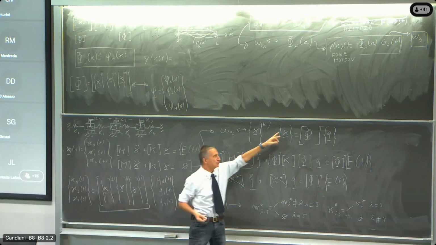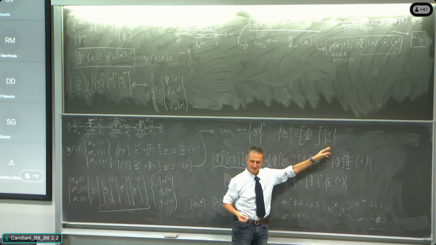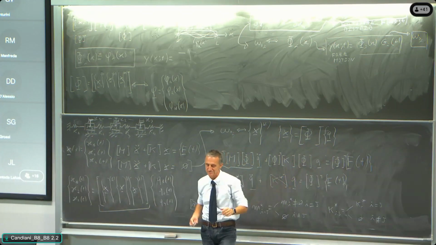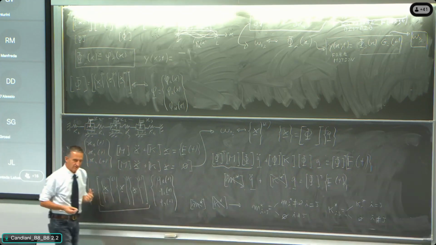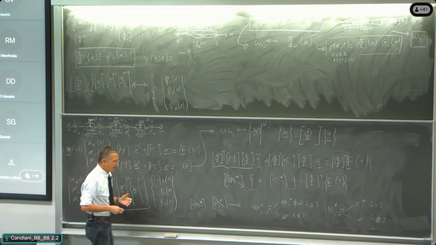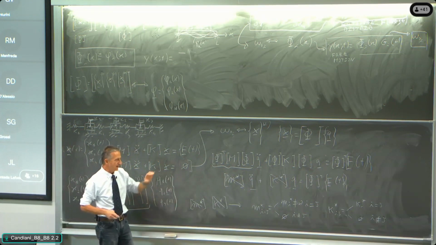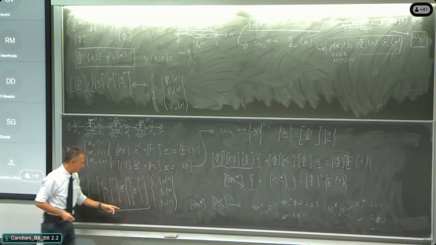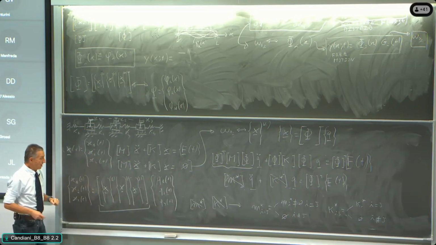I could normalize to 1 million, but then I would have numbers like 0.00001, which is meaningless. So normalization is done to make the numbers we are playing with meaningful, and typically it is done so that the largest number of the eigenvector is equal to 1.